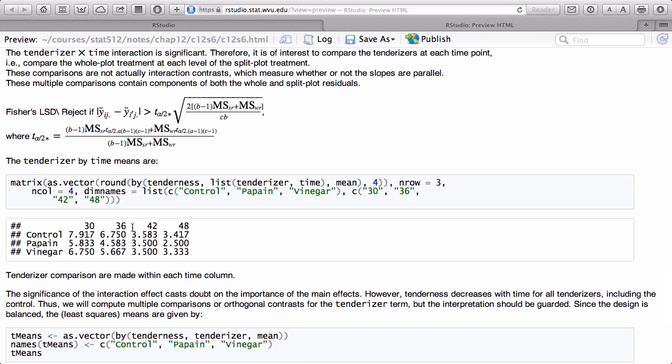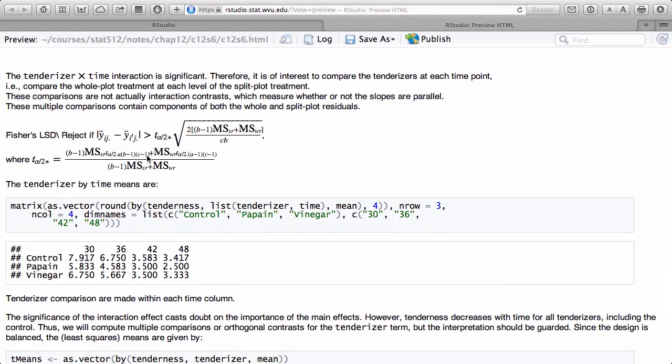And so these are the means, and again I'd be comparing within each of these at different times. And if I did that, it's like a Fisher's LSD, except that there's no single mean square I use as an error term. I have to use two of them.